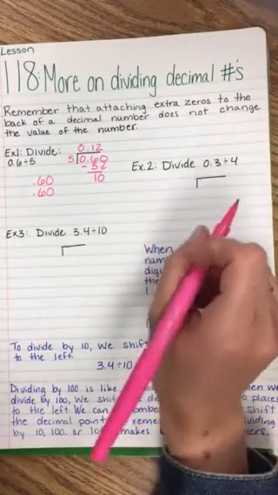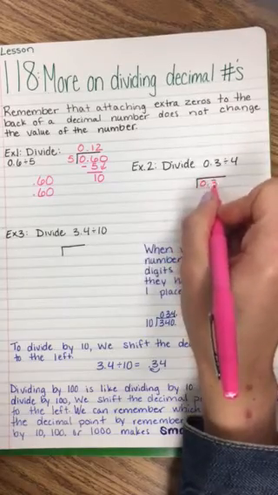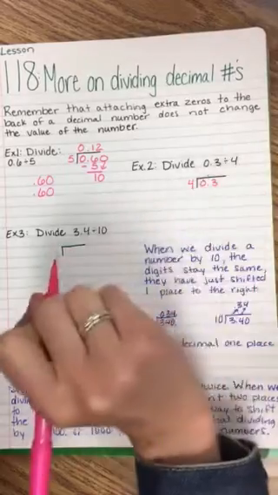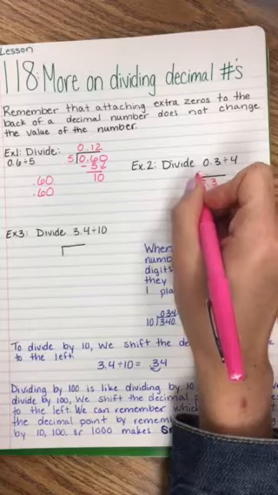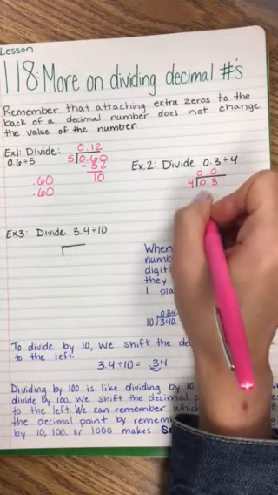Example 2. Divide 3/10 by 4. Okay, so we've got 0.3. The first thing you do is put your decimal point up there, okay? 4 can go into 0, 0 times. 4 can go into 3, 0 times, okay?